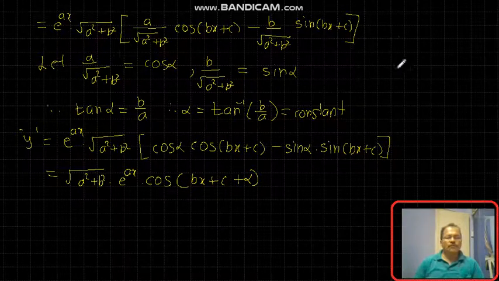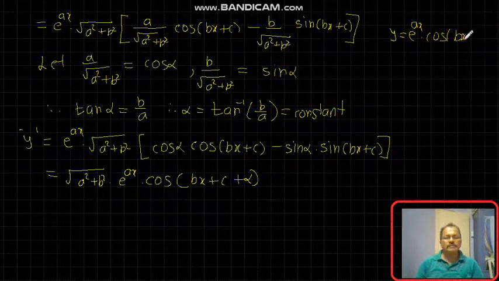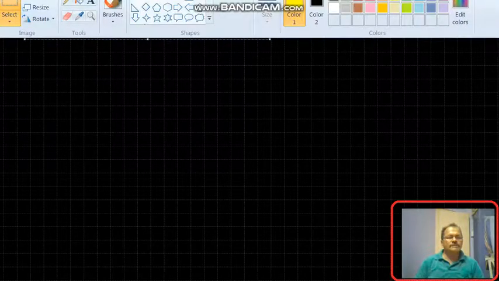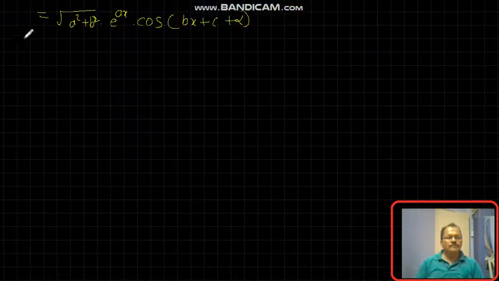So the original y was e raised to ax into cos(bx plus c). The first derivative is square root of a square plus b square into e raised to ax cos(bx plus c plus alpha). Let us differentiate this with respect to x, and we get y double dash.